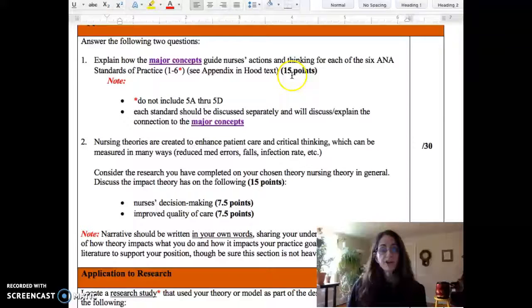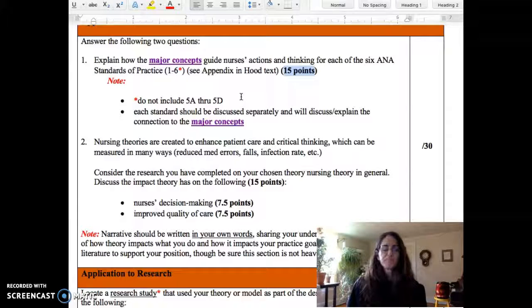Looking at the point spread, you have 15 points for 6 standards. So that's about 2 to 3 points per standard. Again, not a lot of text. So you want to write 2 to 3 sentences that show the standard, and you don't have to define the standard, just write about how one of those concepts fits in there.